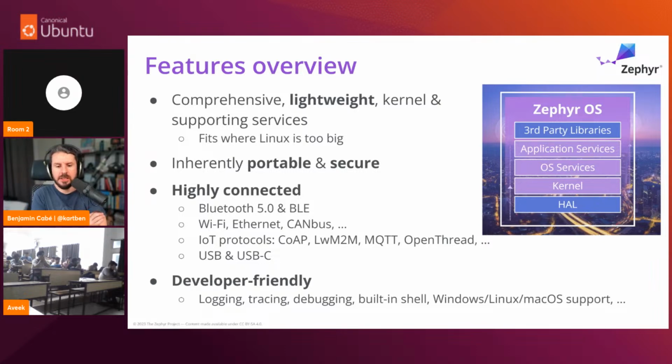And one key aspect beyond just providing the really low-level services and the kernel is also providing the entire connectivity stack and connectivity layers. When you think embedded, when you think IoT, Internet of Things, you think connectivity. You want to build a wearable that's going to use Bluetooth and Bluetooth Low Energy.